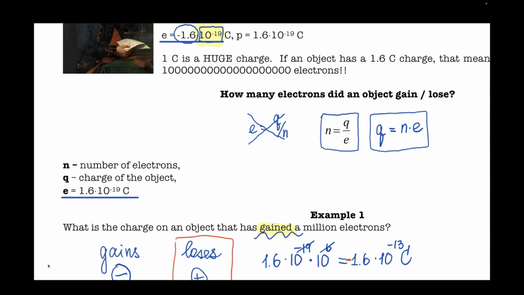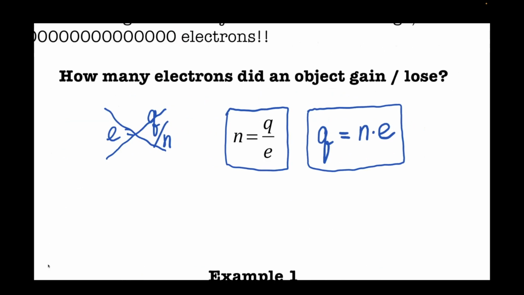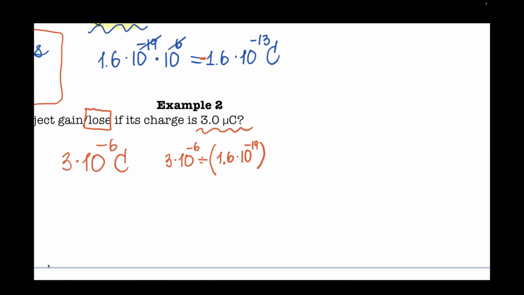How am I going to figure out the number of electrons? Remember, to get the number of electrons, I'm going to take the charge and divide by the charge of one electron. Another method that you can use is you take 3 and 1.6 and put it into your calculator, and then, if I have 10 to the negative 6th divided by 10 to the negative 19th, that means that I do 10 to the negative 6 times 10 to the positive 19.